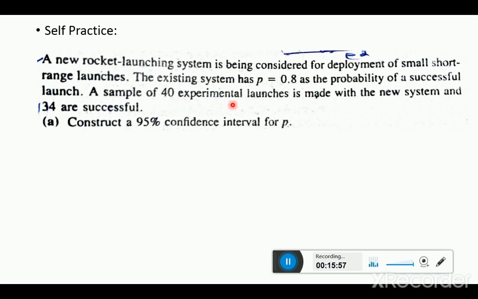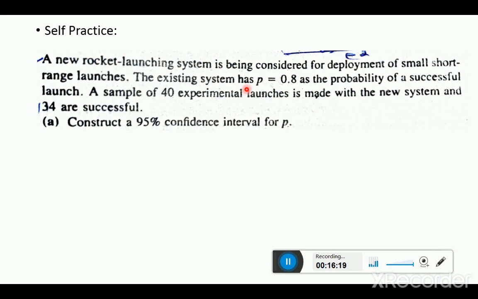Now it says a sample of 40 experimental launches, sorry, not 400. 40 is your sample, that is n, is made with the new system and 34 are successful. So x is 34.